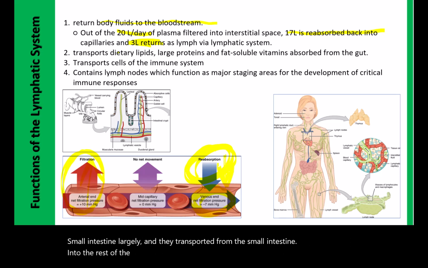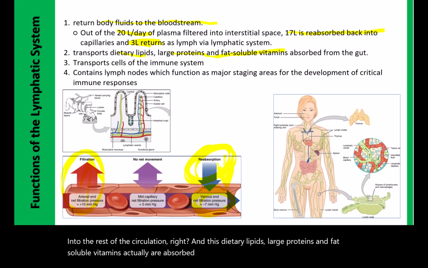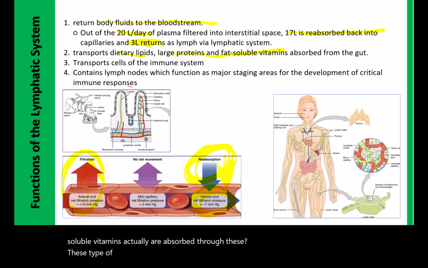These dietary lipids, large proteins, and fat-soluble vitamins are absorbed through a type of lymphatic vessel called the lacteals in the small intestine, and then transported from the gut.